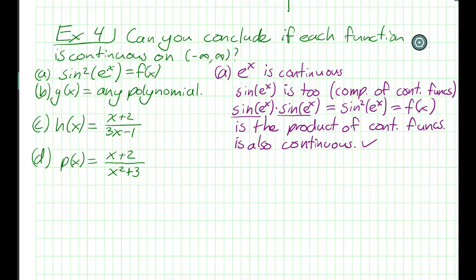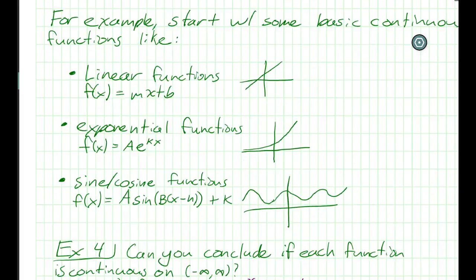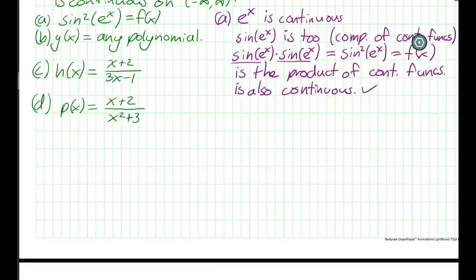So if g of x is any polynomial, well, let's start off with what we know about linear functions. Linear functions are always continuous. So, for example, we know that just the regular old equation y equals x is continuous.